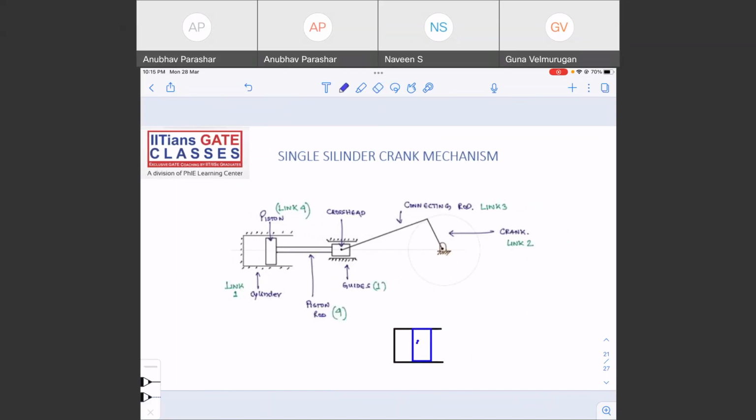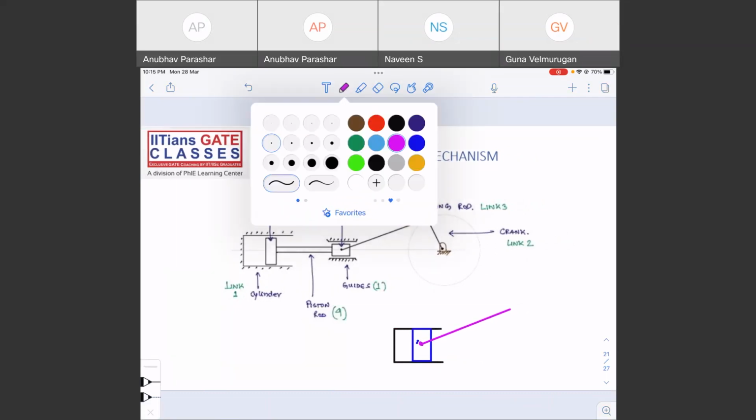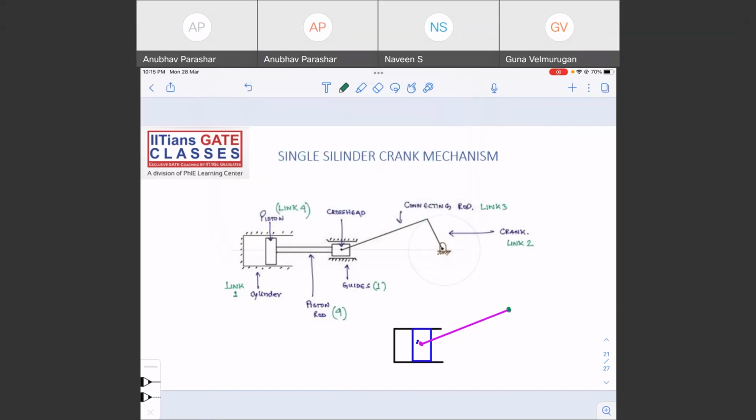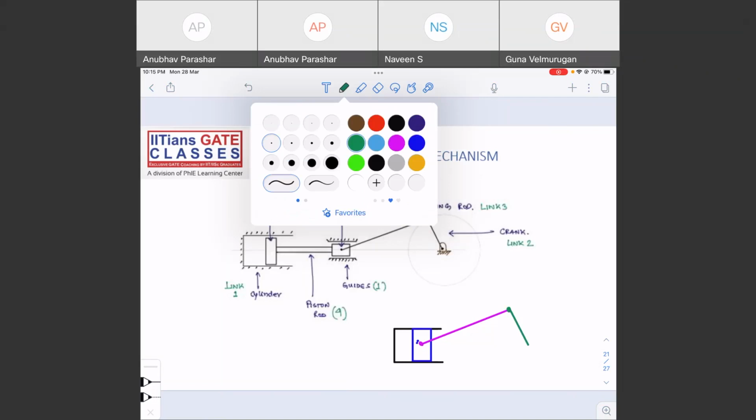Okay, and then you will have a connecting rod. And you will have a crank.